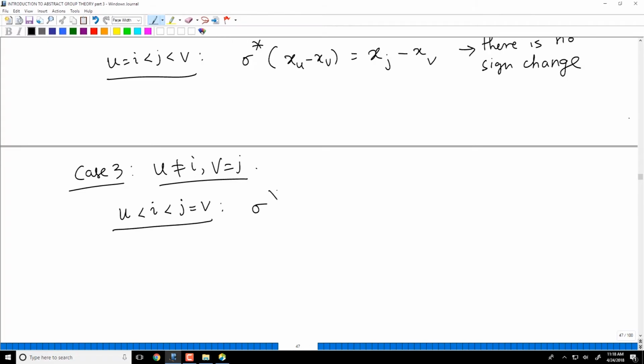In this case, what happens to sigma star of x_u minus x_v? u is different from i and certainly it is different from j, so this is x_u, and v is j, so this is x_i, right? Sigma of v is i, and I am assuming u is less than i, so there is no sign change.